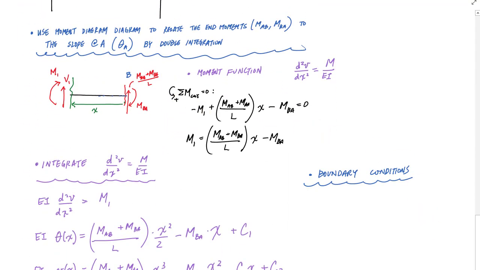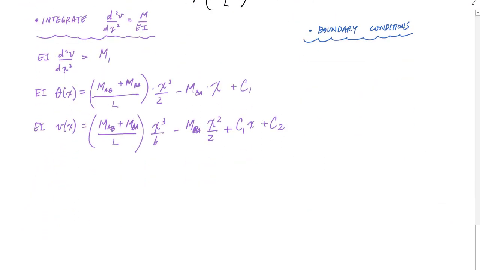And so if I use the boundary conditions at B, where x equals 0, I would have the slope at 0, which is the slope at B, equal to 0, and the displacement at B, which is the displacement at 0, equals 0. Those would be my two boundary conditions.